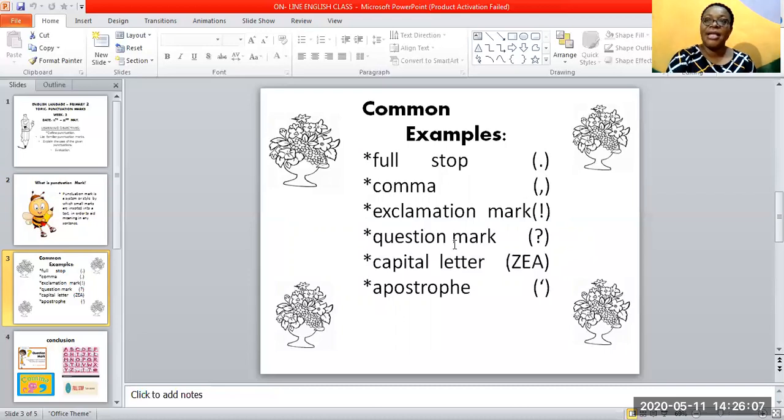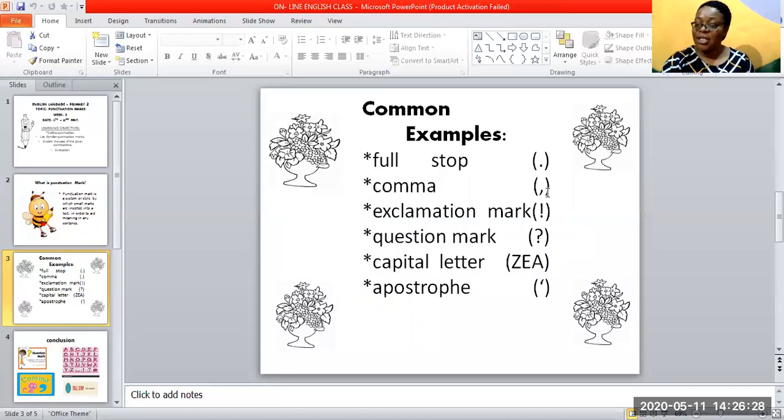Beautiful. Now let's go on to comma. The sign for comma is as shown in the brackets. The comma stays on the line, just like the full stop.